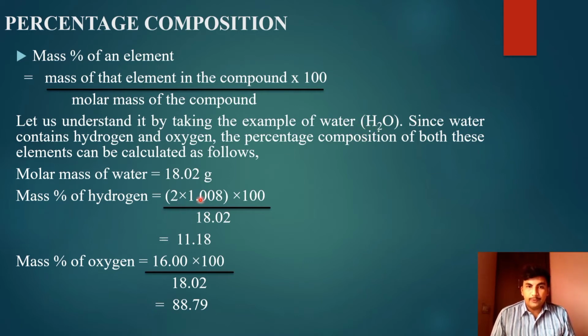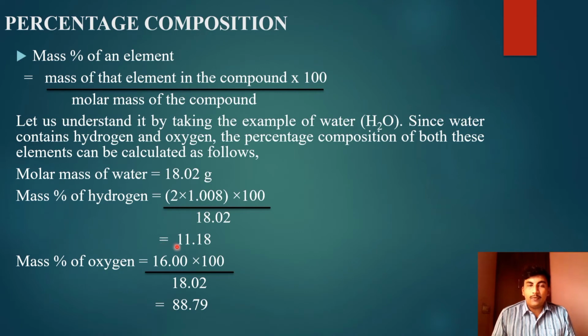So 2 into, what is the atomic mass of hydrogen? It is 1.008, into 100 divided by molar mass of the compound. How did we calculate molar mass? Atomic mass into number of atoms present in the compound, adding those elements present in the compound, that is 18.02.